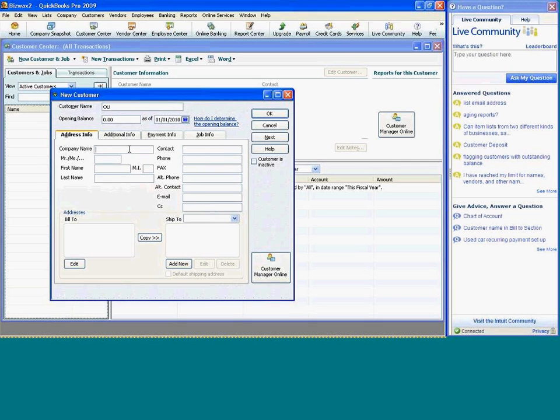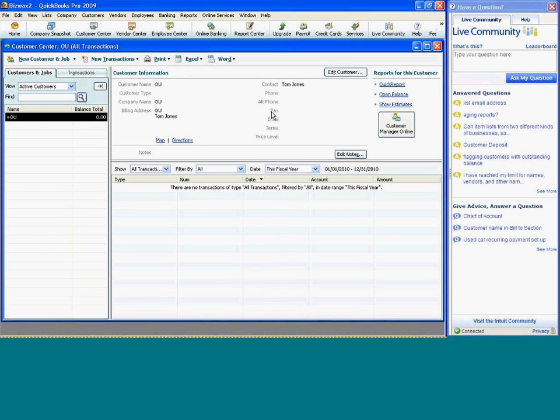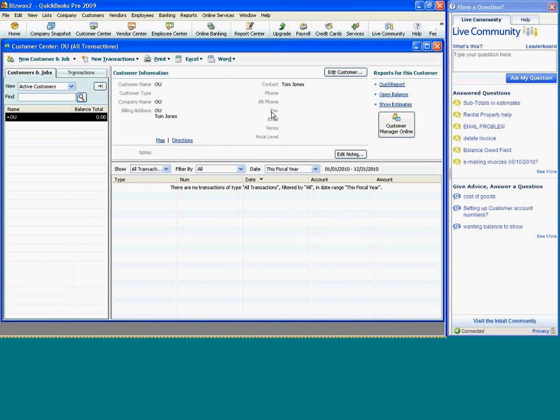Okay, the customer is the OU, Mr. Tom Jones. I'm just making it simple, leaving out all the contact information. Okay, so here is the customer, the OU.